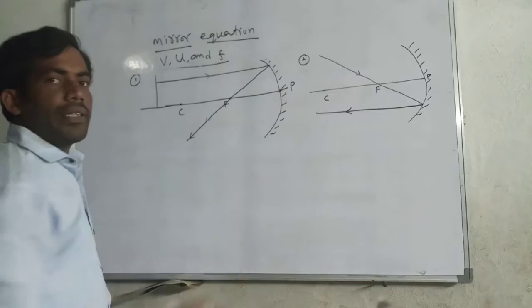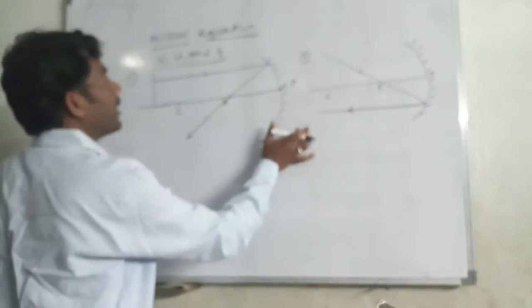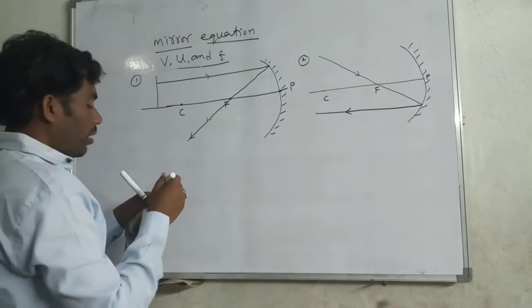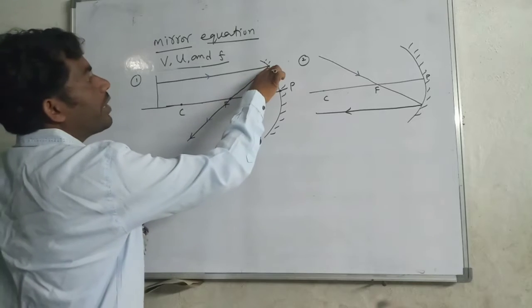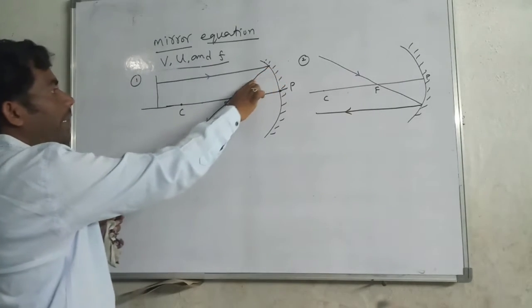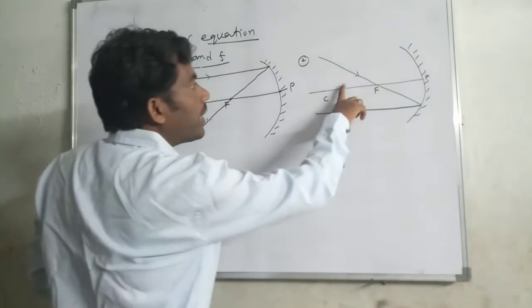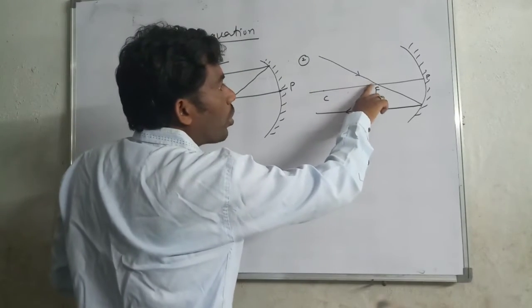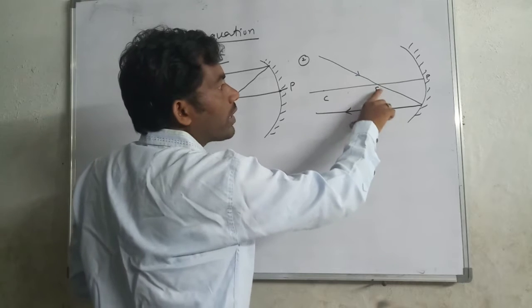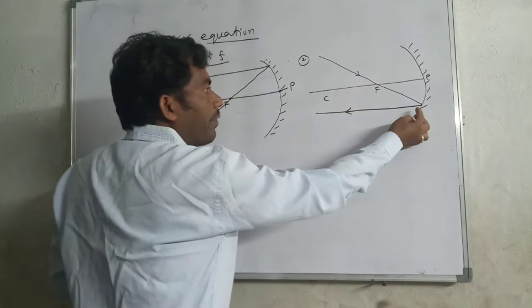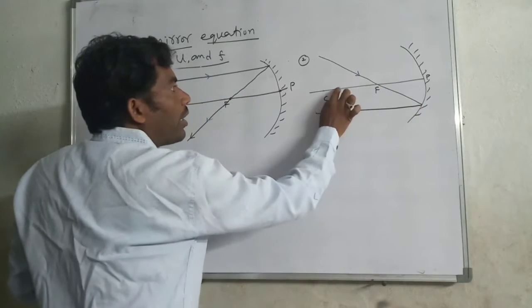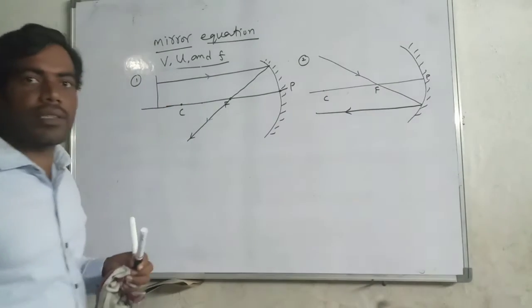These are inverted or vice versa. A ray parallel to the principal axis, after reflection, goes through the focus. A ray passing through the focus, after incidence, travels parallel to the principal axis.